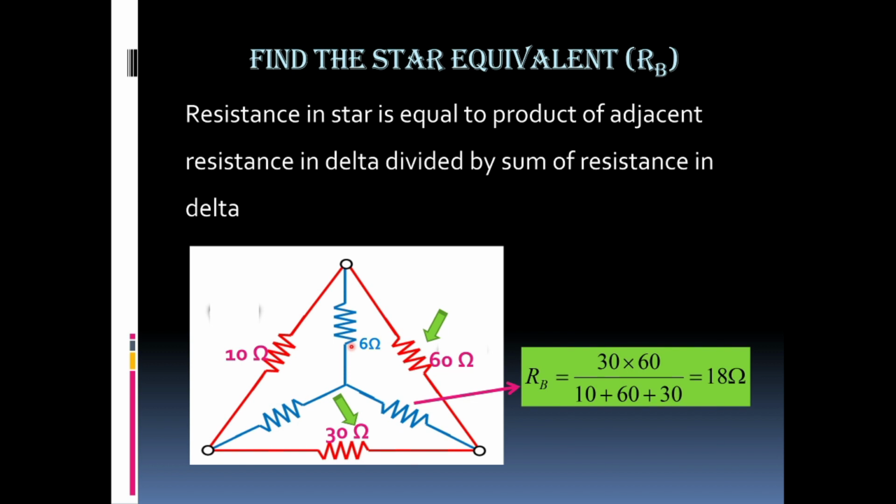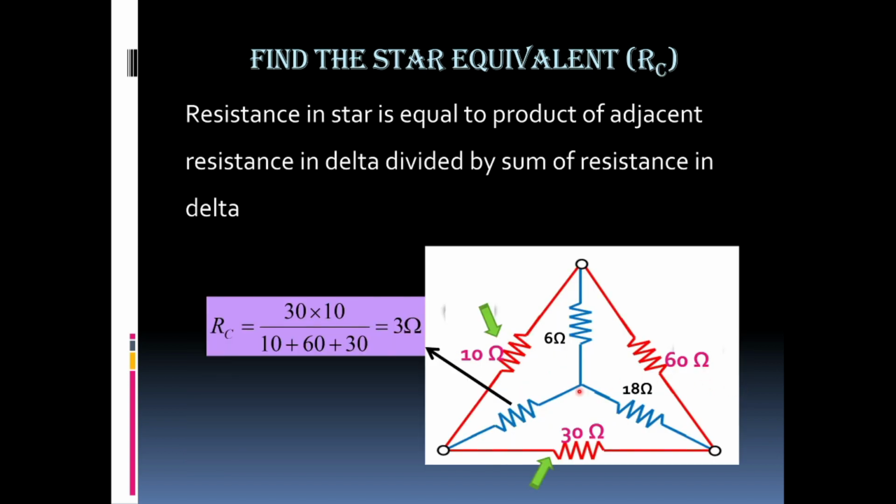Now you have to repeat it for the other resistances. For RB, the adjacent is 60 ohm and 30 ohm. So the product would be 60 into 30 divided by 60 plus 30 plus 10, which gives you an answer of 18 ohm. Then repeat the same for the third resistor, which is RC.